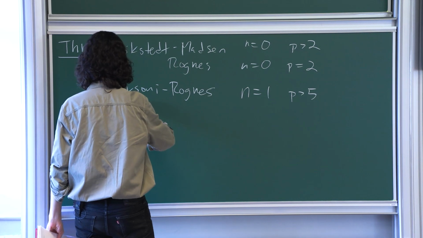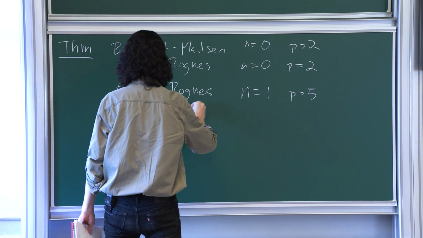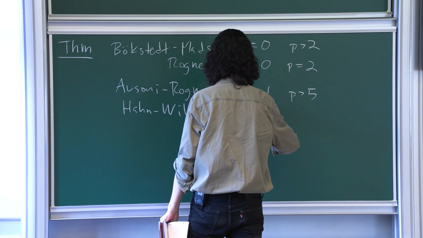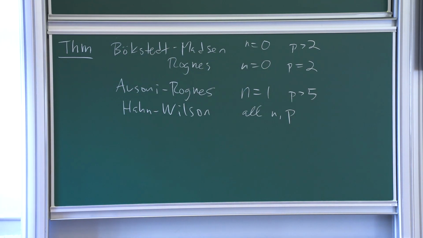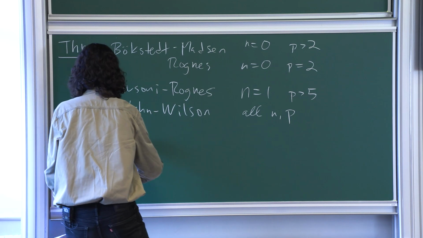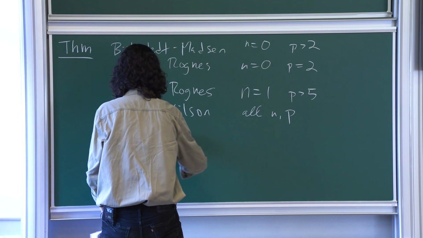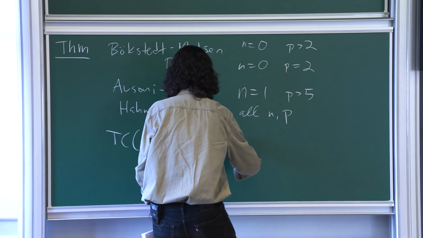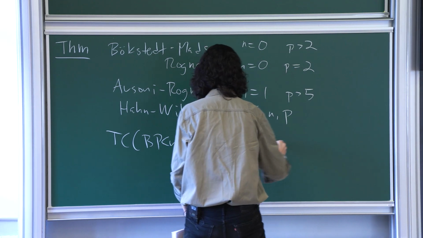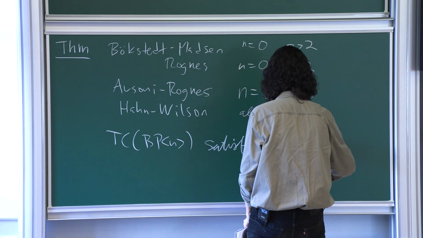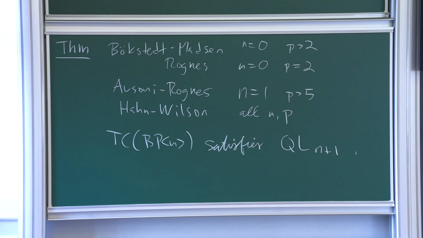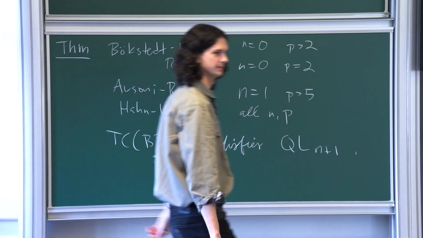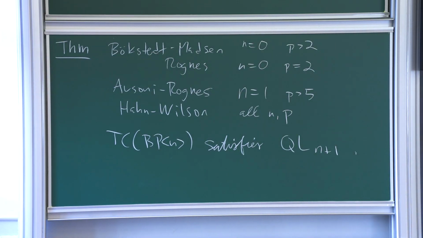And then Hahn and Wilson in general. So TC of BP<n> satisfies, I guess what you could say, strong redshift, or QL_{n+1}. It's called truncated Brown-Peterson spectrum.